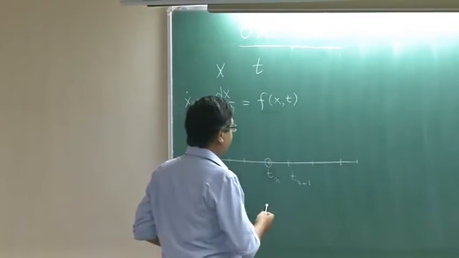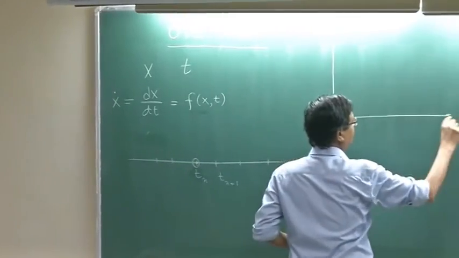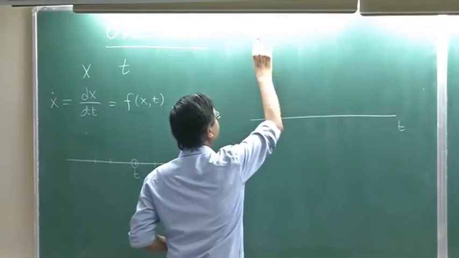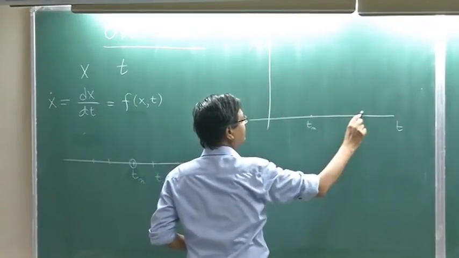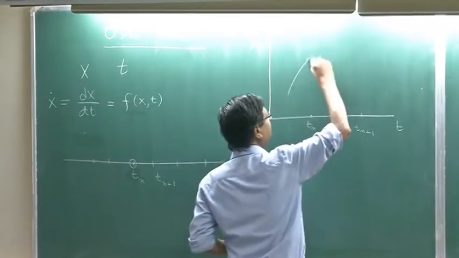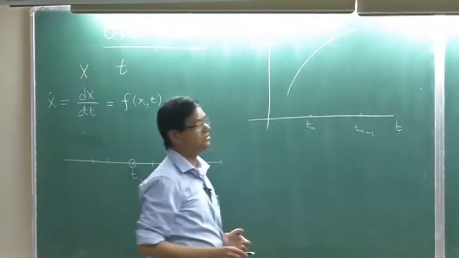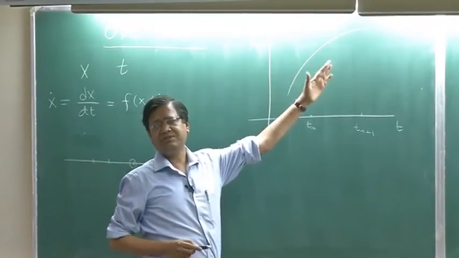So I will have to redraw this again. Let's draw t and x. This is my tn and tn plus 1. My real function is going like this, suppose something like this. This is really what is happening with the physical system.